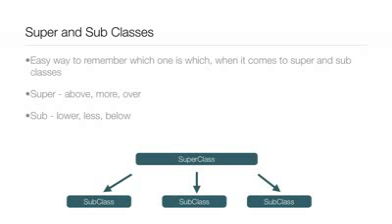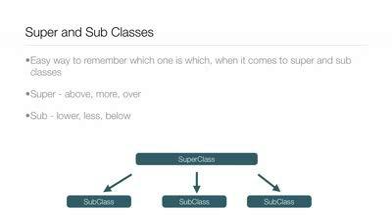Now, how can you remember which one is a superclass and which one is a subclass, how can you tell them apart? Well, the best way is to just think of what super and sub really mean. Super means above, more, over, and then think about that with the diagram down below. So you see the superclass over top or above the subclass, and sub means lower, less, below, and then think about how the subclasses are lower or below the superclass.